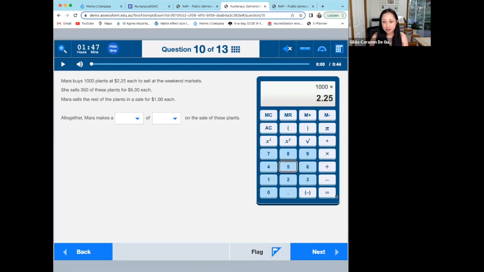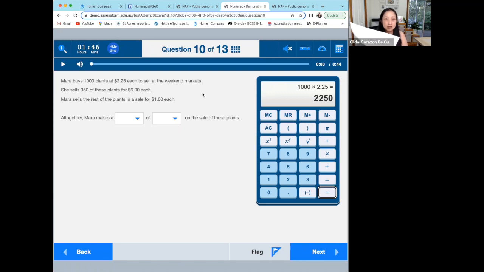And if you're clever, you know the trick for multiplying by 1,000, because it has 3 zeros. You move the decimal point 3 units to the right. You go 1, 2, 3. You add in another 0. Therefore, you get 2,250.